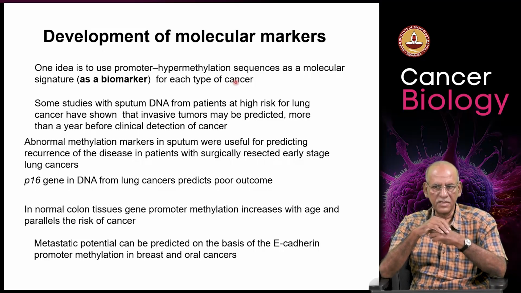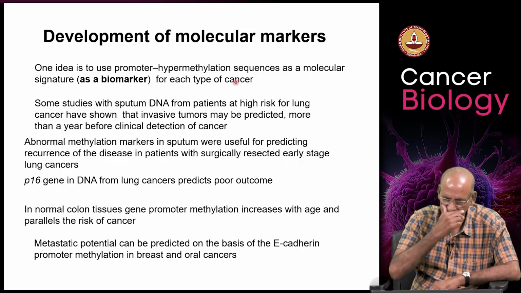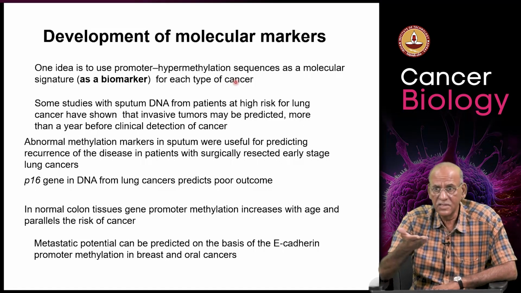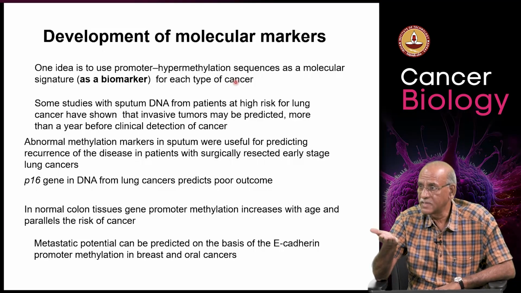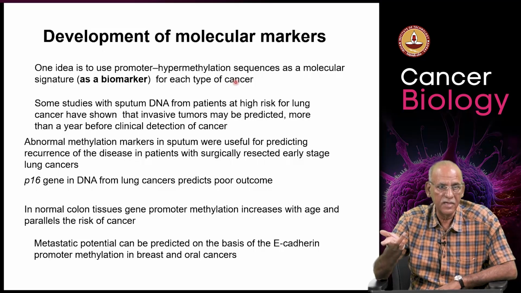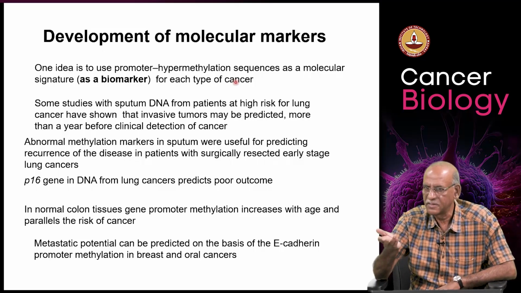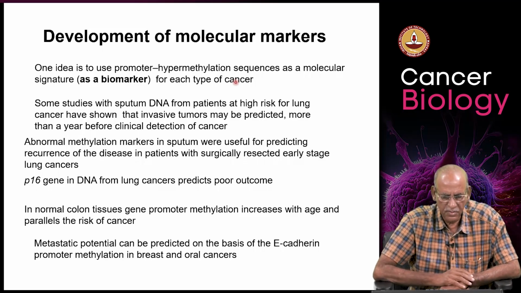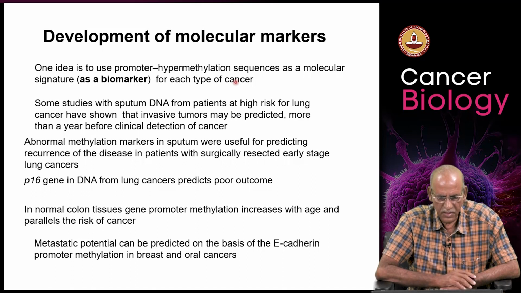So, that can serve as a biomarker. If that is hypermethylated, there are methodologies to understand whether a particular gene promoter is hypermethylated or hypomethylated. There are various methods, bisulfite method, sodium metabisulfite method, and all that. So, you will be able to see that.